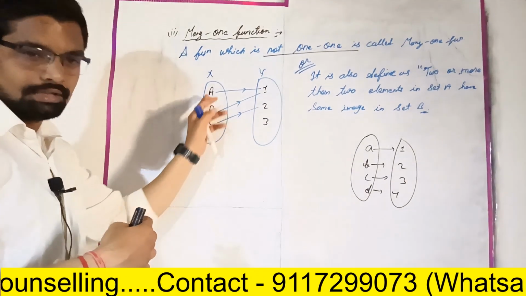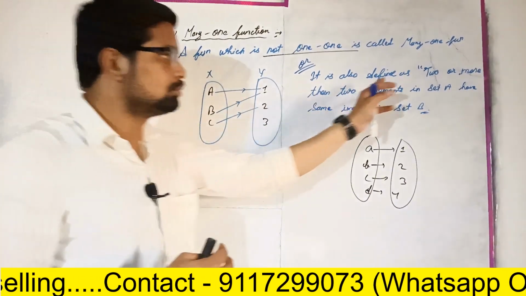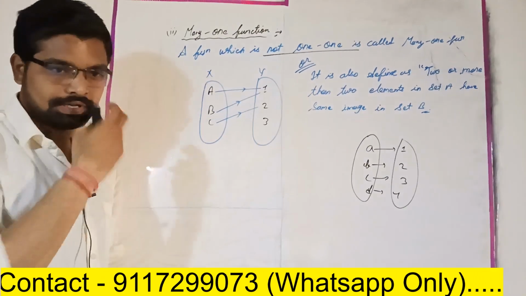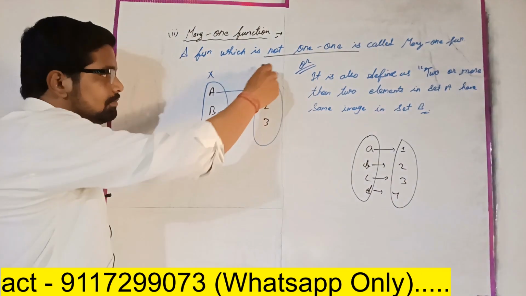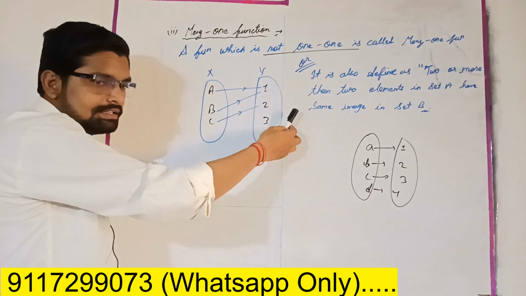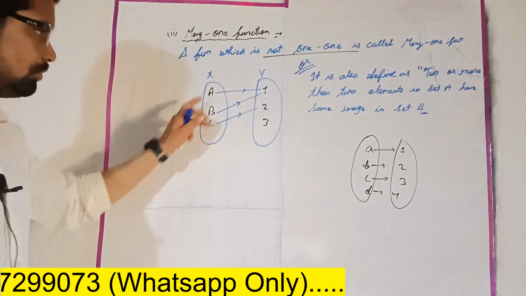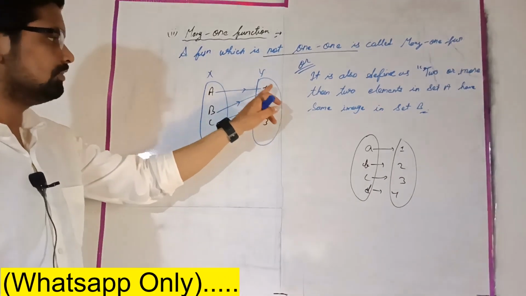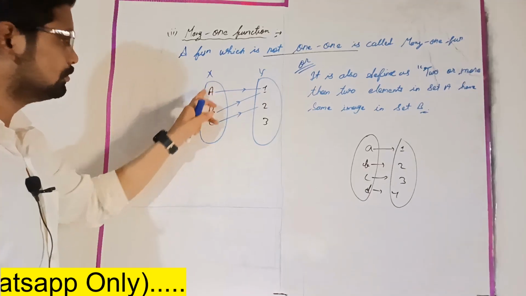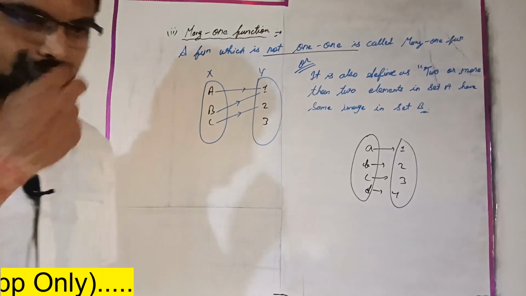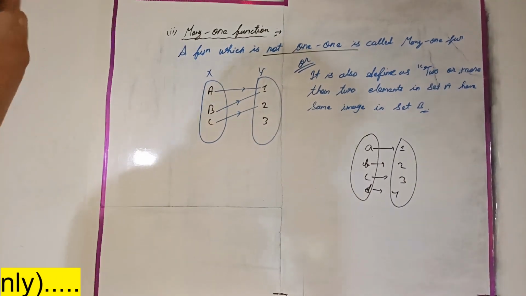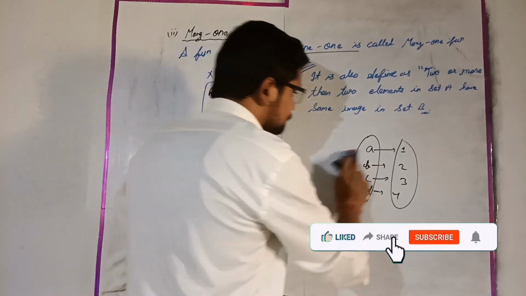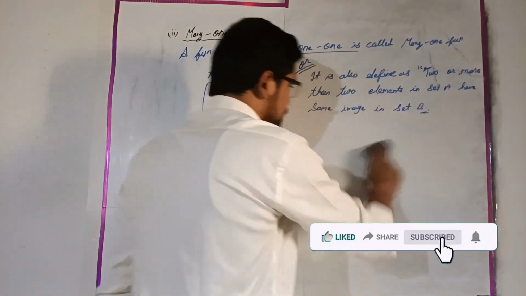Many-one means two or more than two elements have the same image. And the element of set B has a pre-image: the element of the set B will be a pre-image of more than two elements in set A. You can also understand it like this. Any doubt? Please note it down.